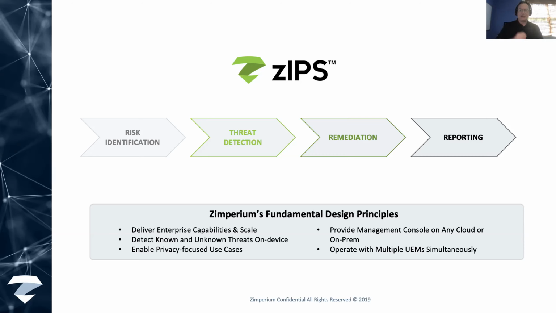The idea is to identify risk and do detections and remediations on device, and then leverage server-side reporting to augment those detections and allow organizations to leverage the detailed forensics we can get about system behavior, so that they can integrate with solutions like Sentinel to get a fuller and clearer picture of what's going on within the organization as a whole, not just on mobile or in silos on other endpoints.